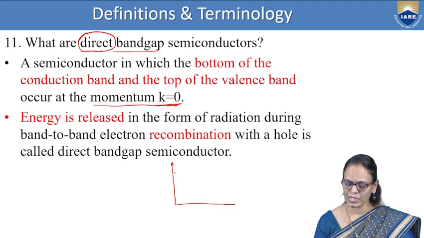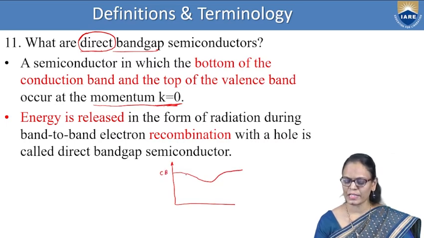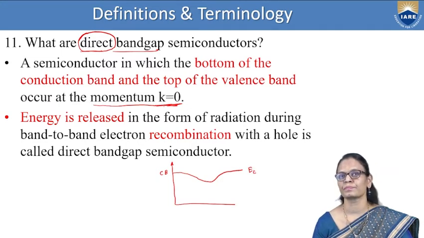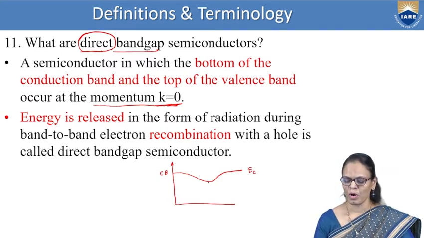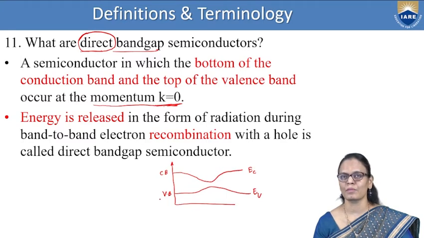Now if this is the conduction band, I will call it EC. EC is the lowest level of the conduction band, the bottom of the conduction band. And this is the valence band. I call this EV. This is the topmost level of the valence band.